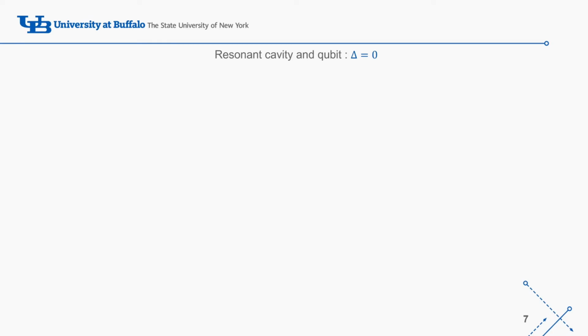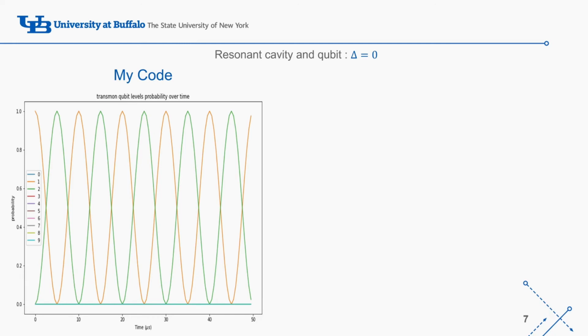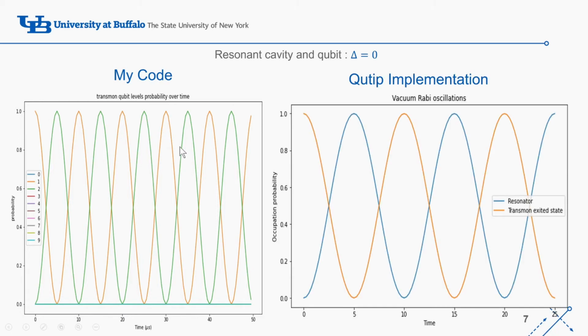So when the cavity frequency and the qubit frequency are the same, this is what my code predicts: the oscillations happening. And we get that same thing from the implementation using the QuTiP module.